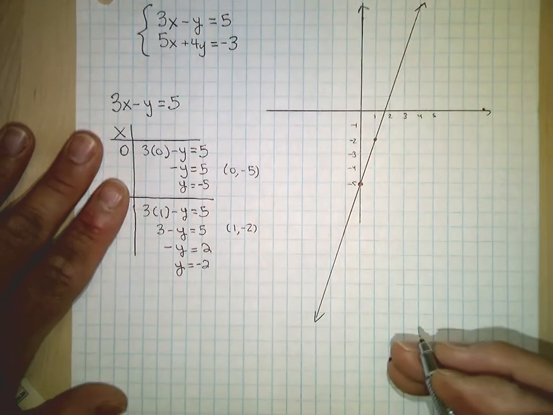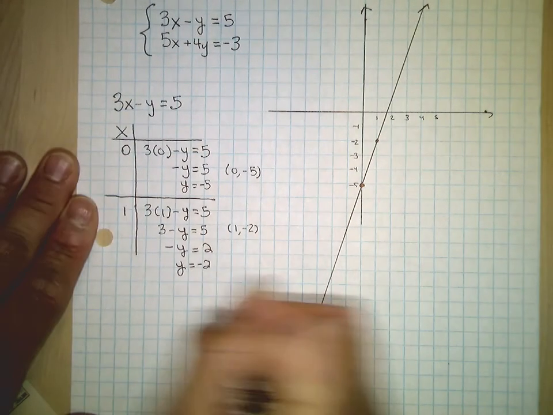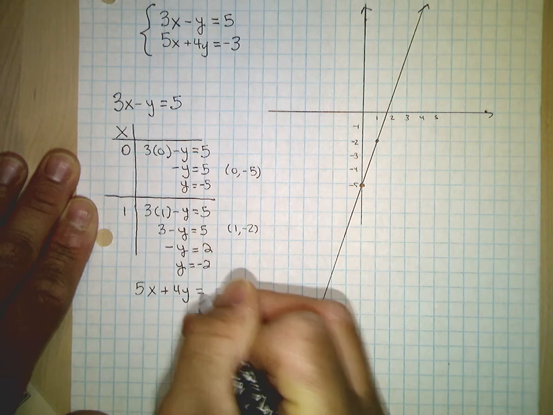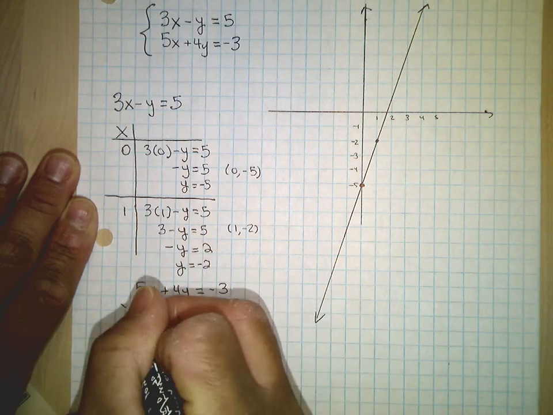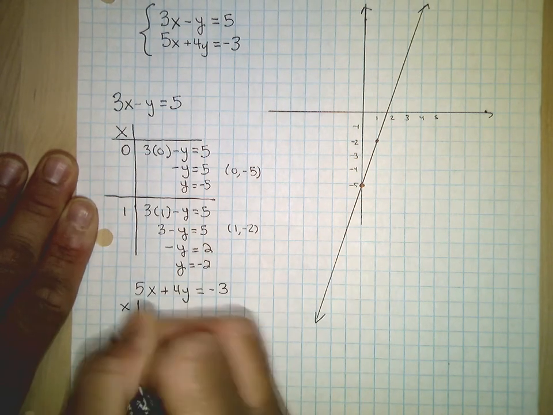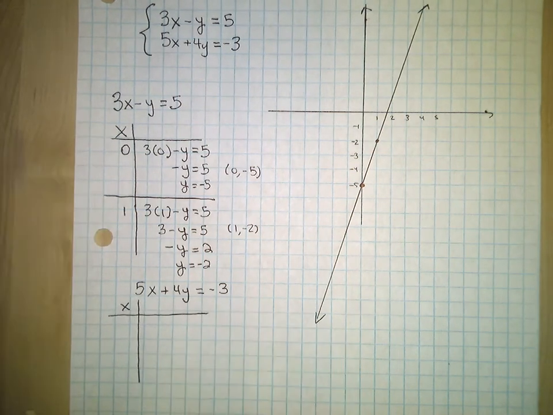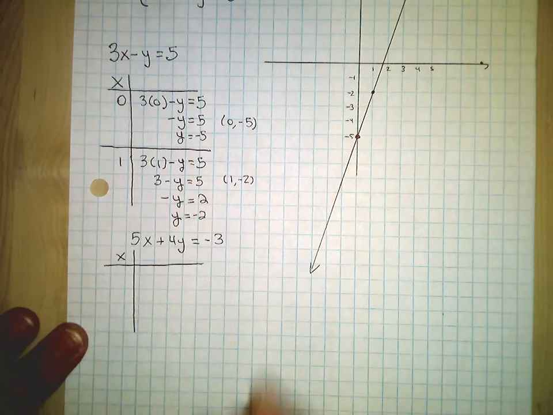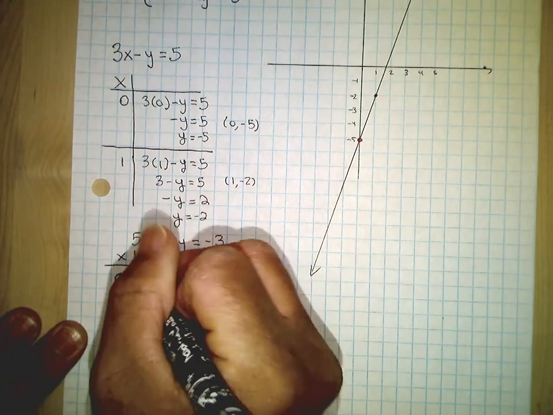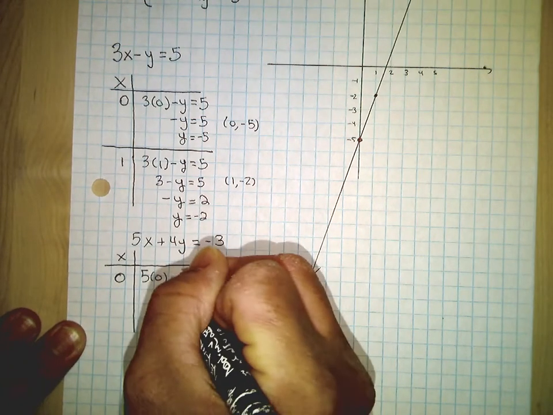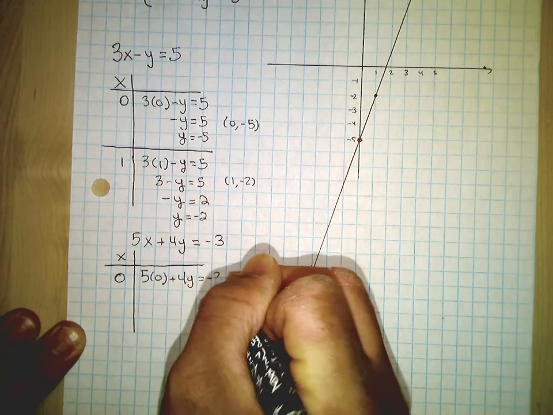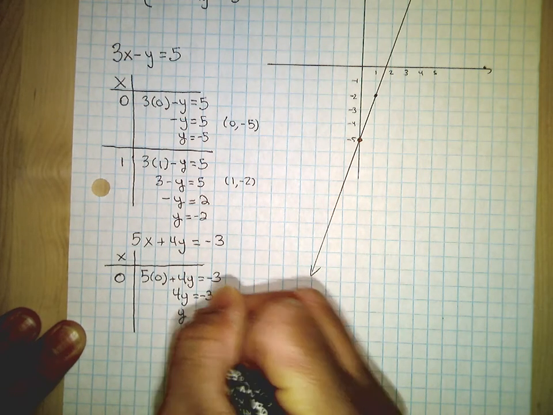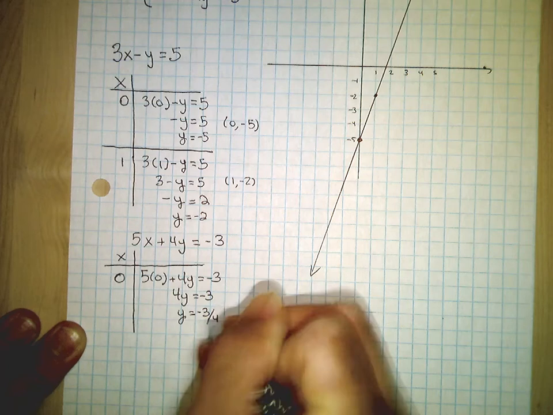Now let's look at the next line. We have 5x plus 4y is -3, and I can pick values for x and substitute them in again. So let's say I pick 0 again. So 5 times 0 plus 4y is negative 3. 4y is negative 3, and y is negative 3 over 4.